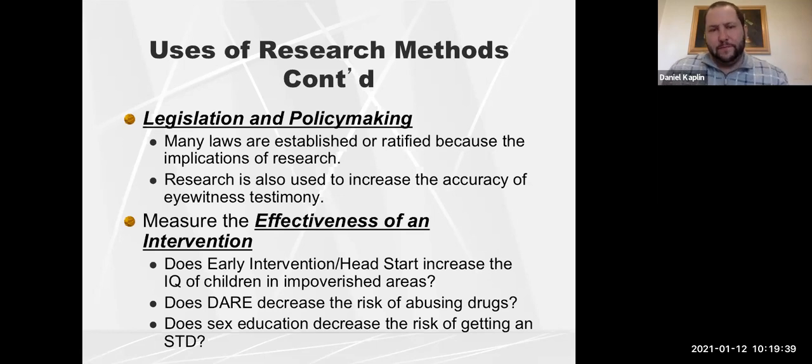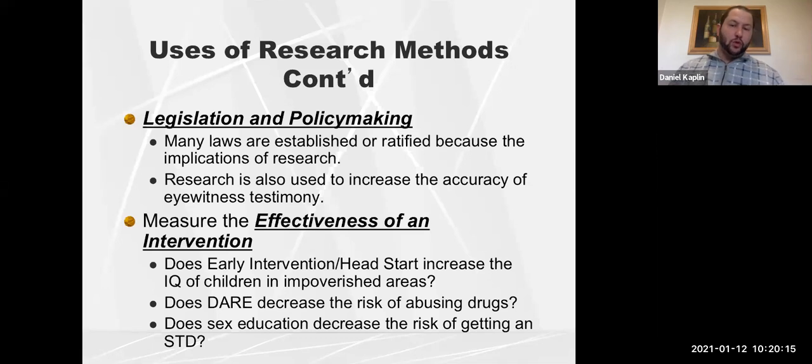And our fourth and final use of research methods in this chapter is it's used to measure the effectiveness of an intervention. So if you were trying to help out in an impoverished community or with children with special needs, the question might be, does early intervention or Head Start increase the IQ of children in impoverished areas?